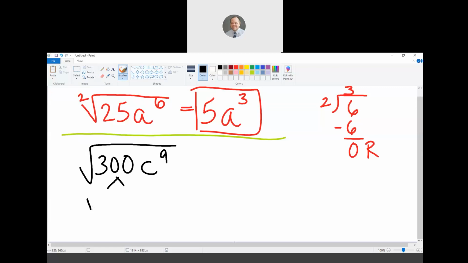We can break down 300 as 100 times 3. Because we know the square root of 100 is 10, a 10 will go outside the radical. Leave a little space behind 10 in case you have to move a part of c out. And the 3 stays inside the radical.